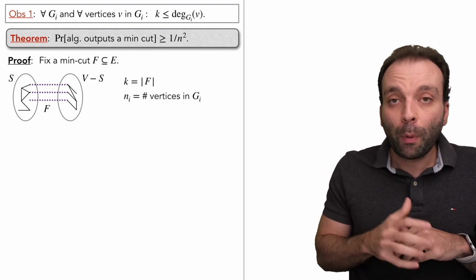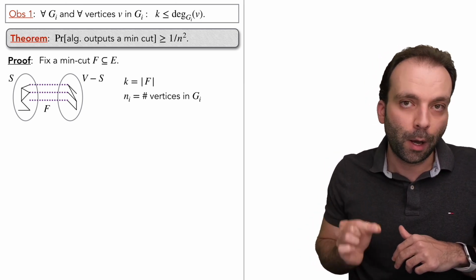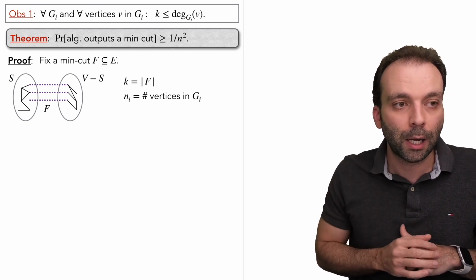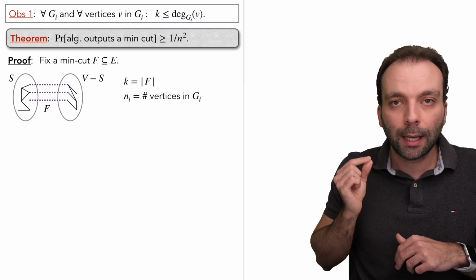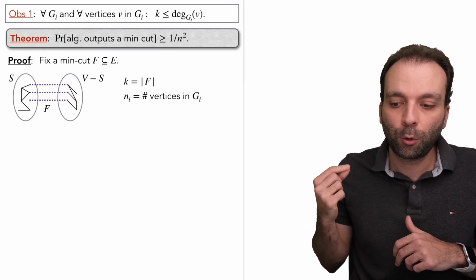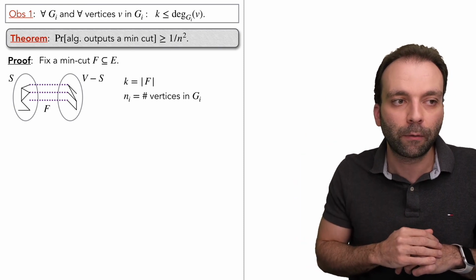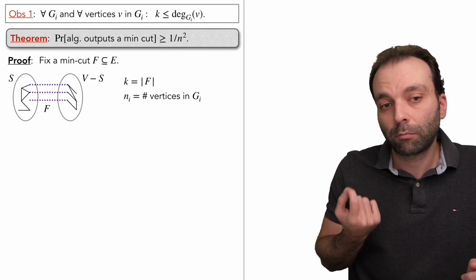I'm going to denote by n sub i the number of vertices in the graph G sub i. G sub i is the graph after i iterations, after i contractions. And I actually know exactly what n sub i is going to be with respect to n, the number of vertices in the original graph. As we said, in each iteration, what are we doing?